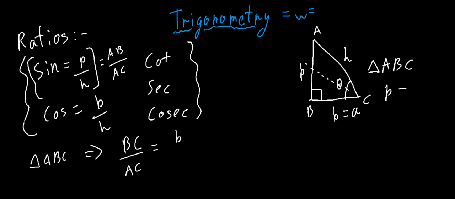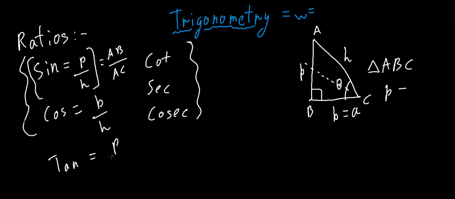Now next we have the tan theta. The tangent is said to be perpendicular by base. So in triangle ABC, the perpendicular by base is AB by BC.